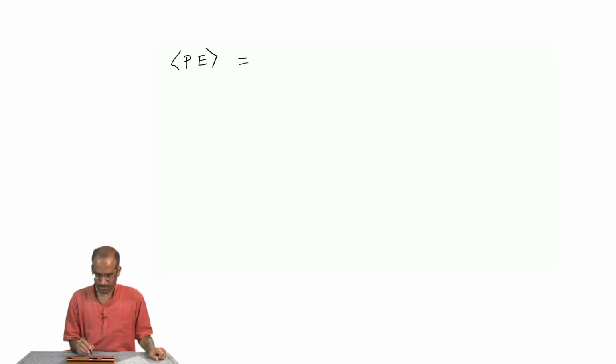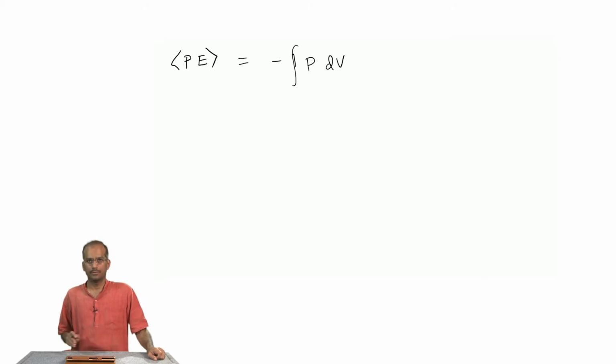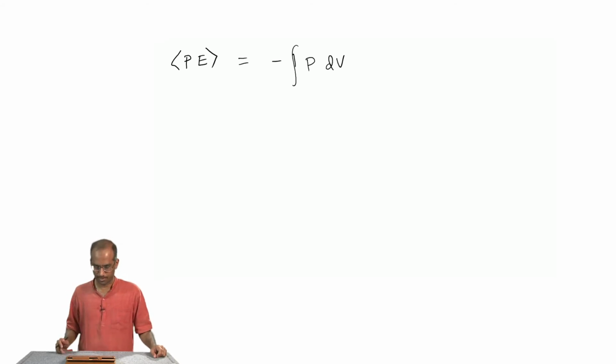So, this quantity can be written as minus integral P dV. P dV is of course the expression for work done by a gas, and the negative sign that you see here should tell you that if pressure increases, volume decreases, or if volume increases, pressure decreases. So, there is that inverse relation between pressure and volume. The negative sign basically indicates this sort of an inverse relation.